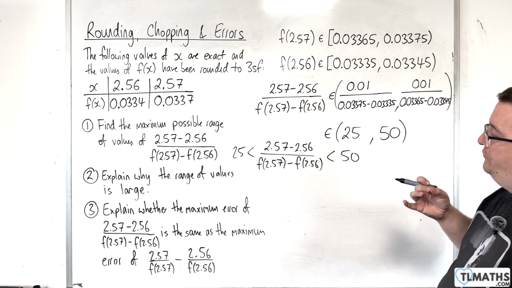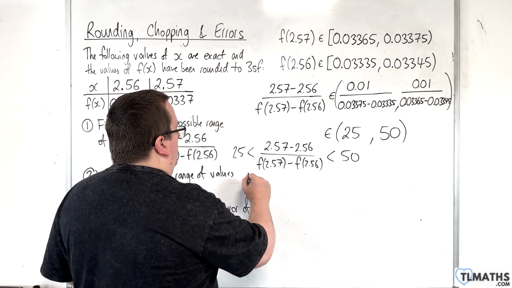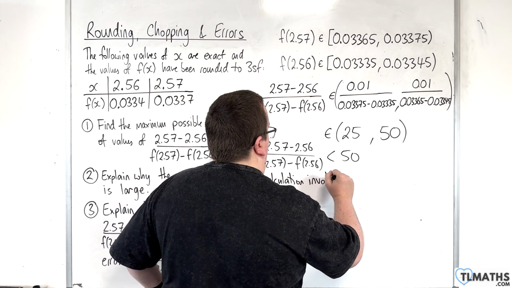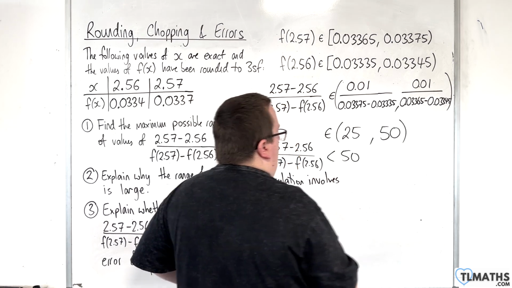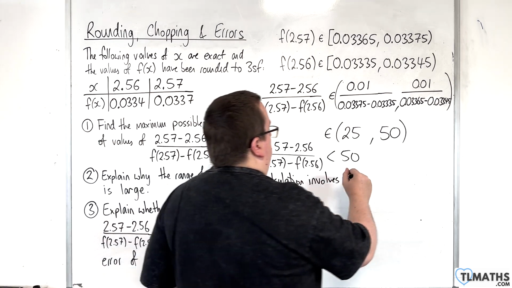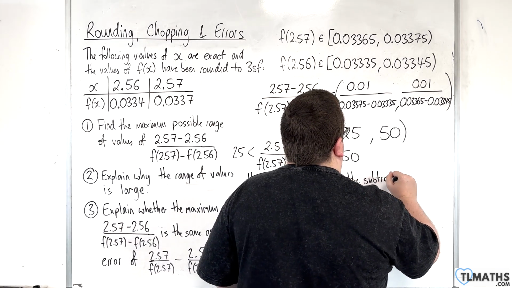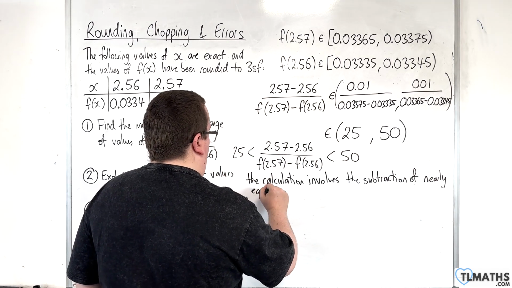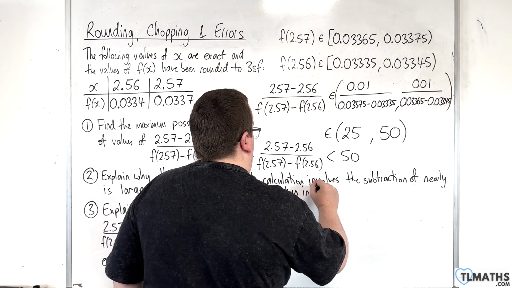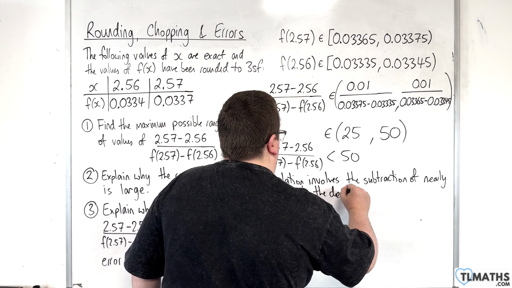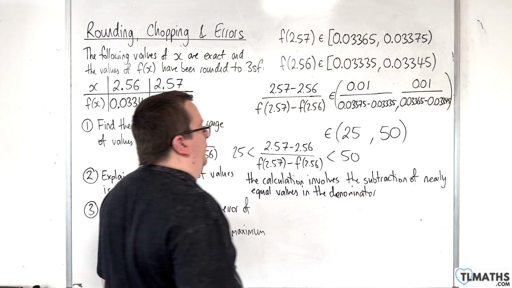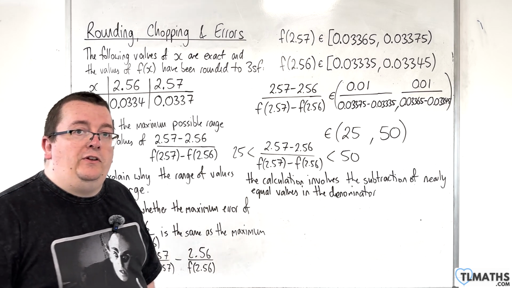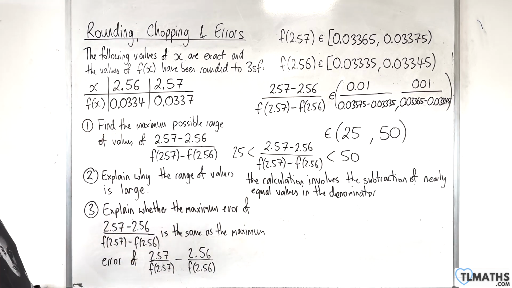Okay, so the calculation involves the subtraction of nearly equal values in the denominator. So you're getting close to dividing by a very small number that's close to 0, and that obviously then balloons up your total value.